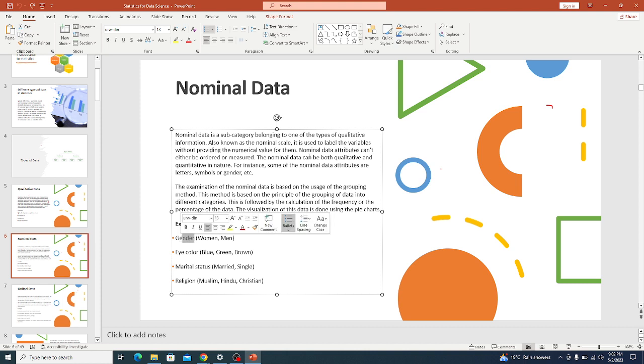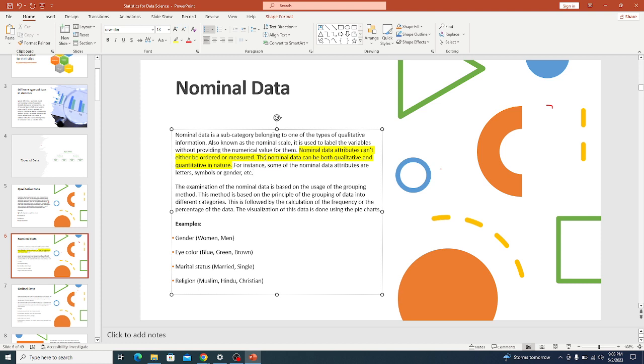But remember now, I want you to note this statement. We've said that nominal data attributes can't be ordered or measured. Very correct. We've also said that nominal data can be both qualitative and quantitative in nature.